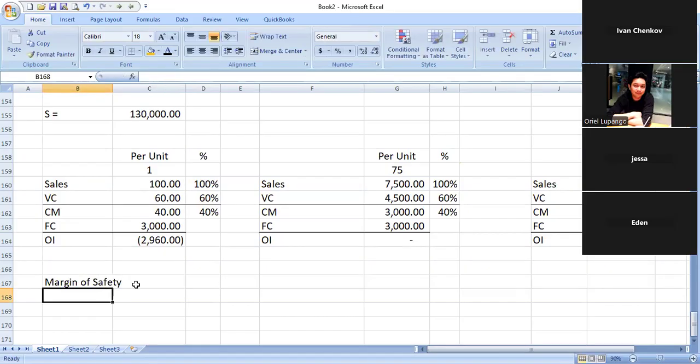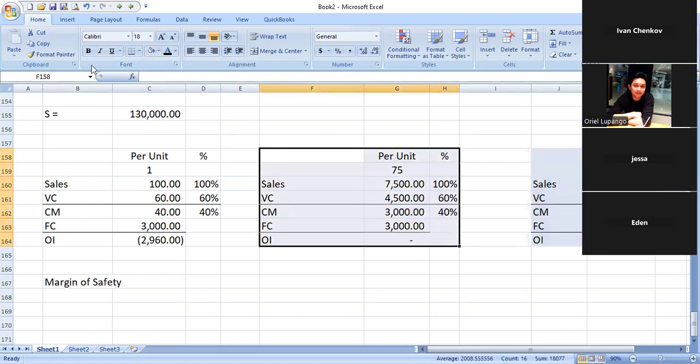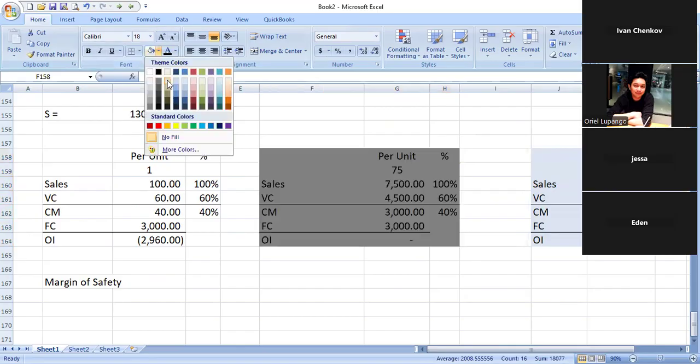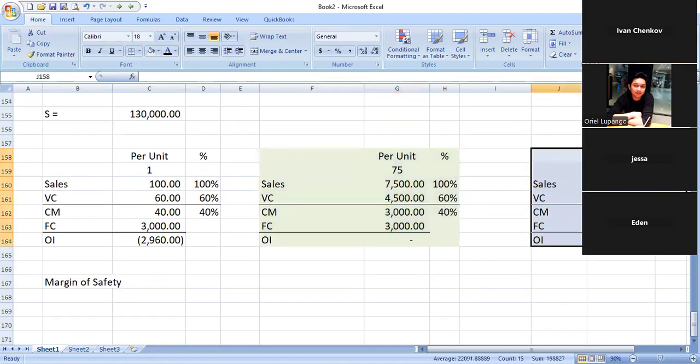What is margin of safety? Margin of safety is where we are compared to the break-even. Break-even is our zero. Now the question is where we are. We are at 825.